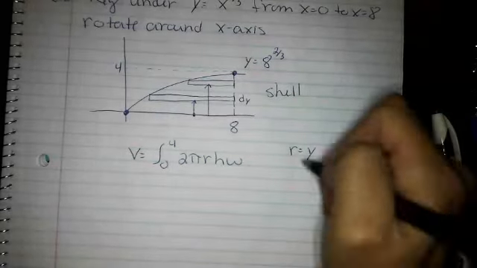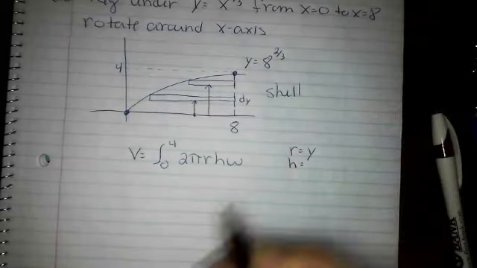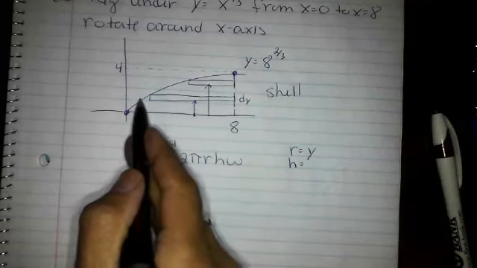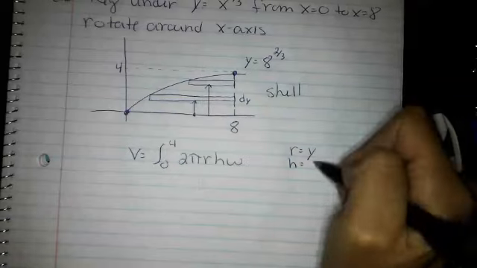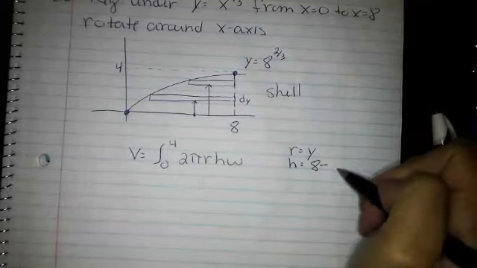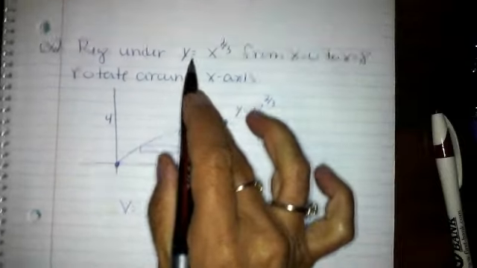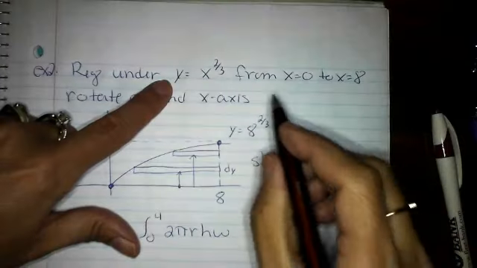The height of my cylindrical shell, or the height of my rectangle, because it's laying down, is going to be right minus left. So it's going to be 8 minus the function, but I need the function in terms of y. So I'm going to take this.